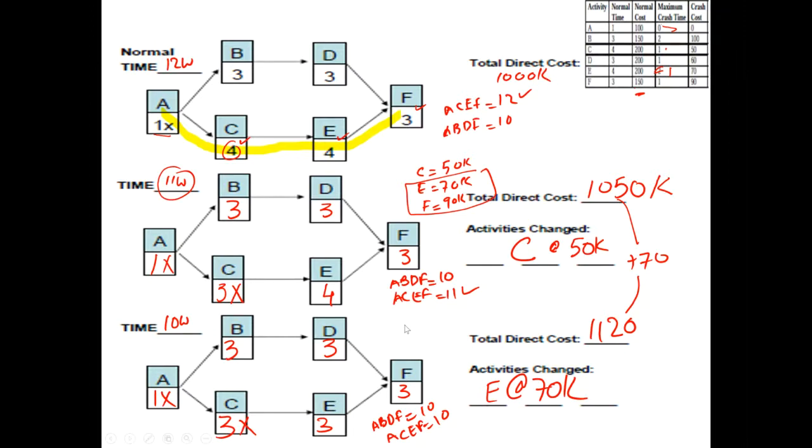My project previously had only one critical path. Here, for instance, this was the critical path, but now because of this crashing and squeezing, the entire project has become critical.